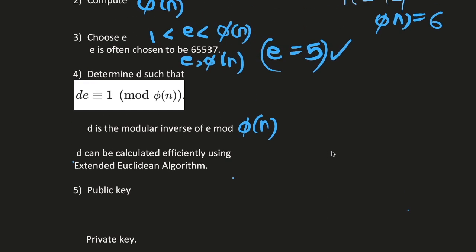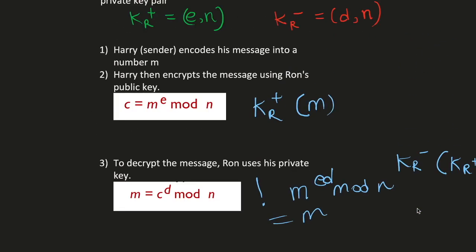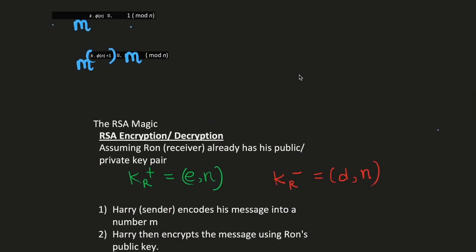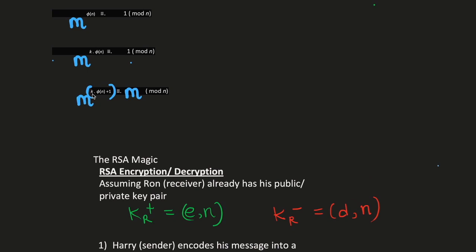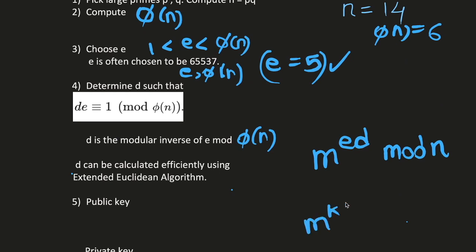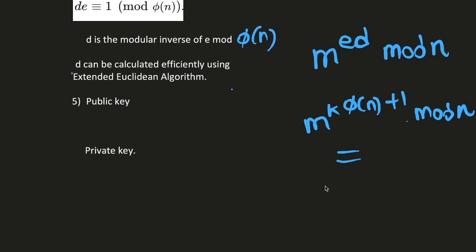So we have m to the power ed mod n from the decryption step, which has to be equal to m. And we also have this LHS, m to the power k phi n plus 1 mod n. We know that that is equal to m mod n.